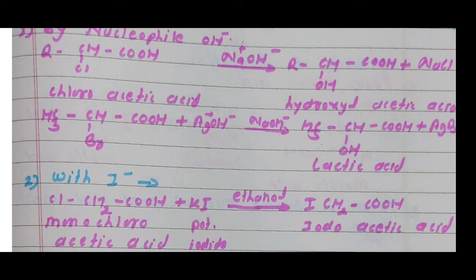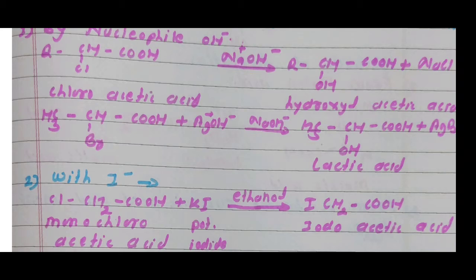Then the second example I am showing here, CH3CHBrCOOH. The name of this compound: at carbon number 2 a bromine group is attached, therefore 2-bromopropanoic acid. 2-bromopropanoic acid reacts with AgOH in the presence of NaOH.